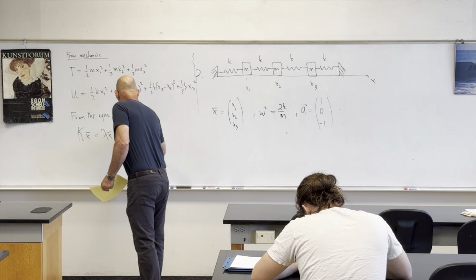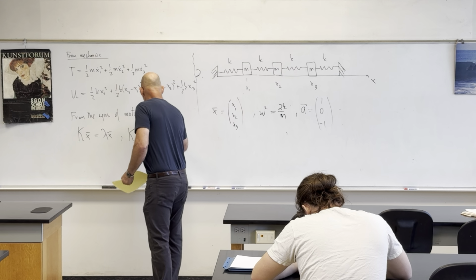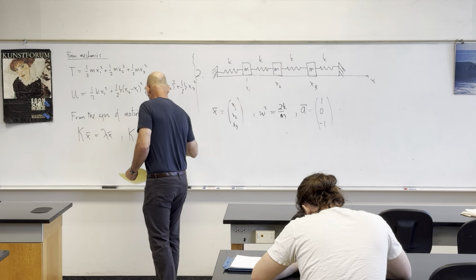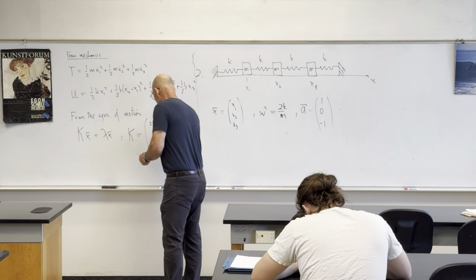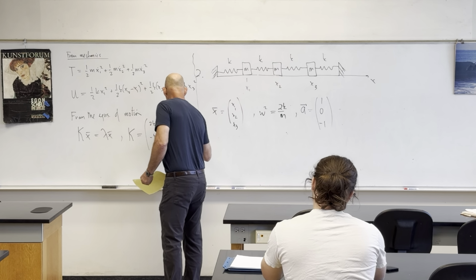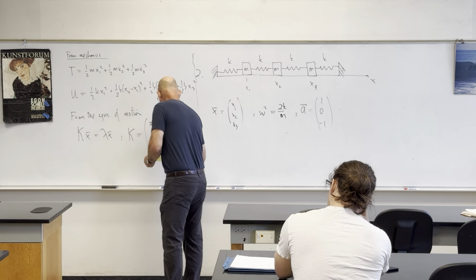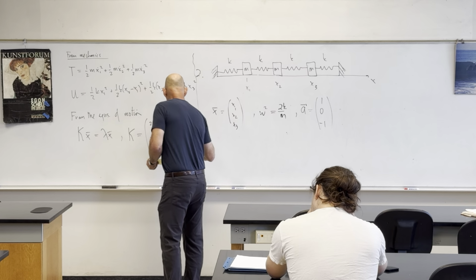And K is going to be equal to 2k, minus k, 0; minus k, 2k, minus k; and 0, minus k, 2k.